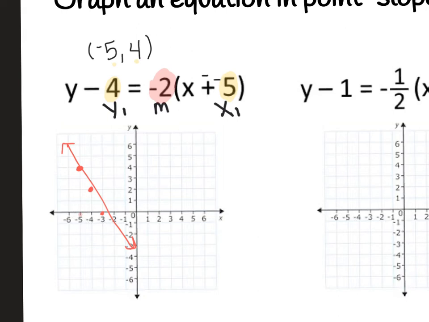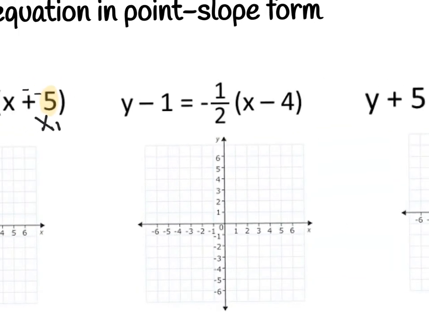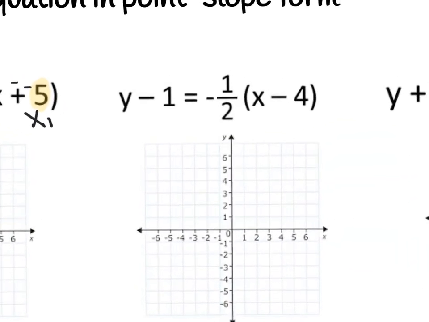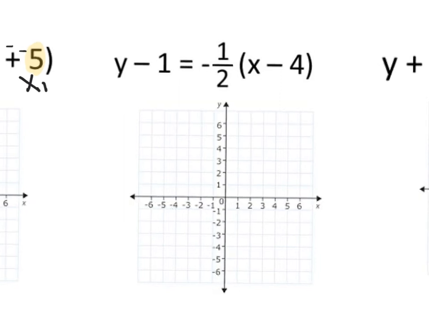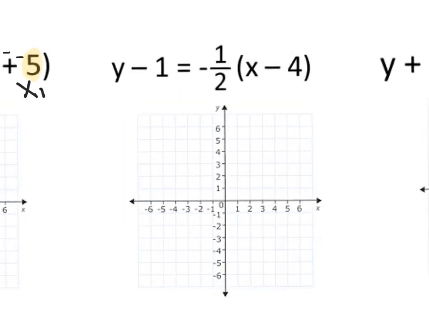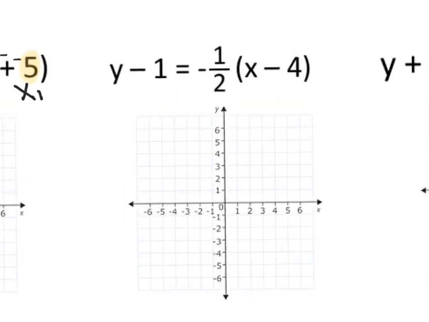We have all the information we need. We just have to pick it out. This one here. Y minus y sub 1 equals m times the quantity x minus x sub 1.